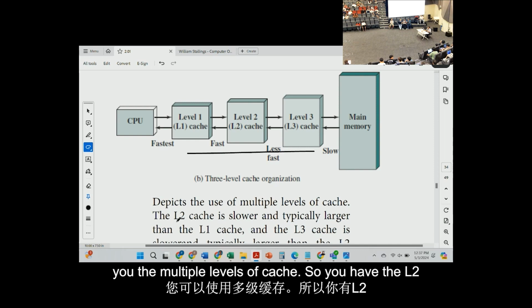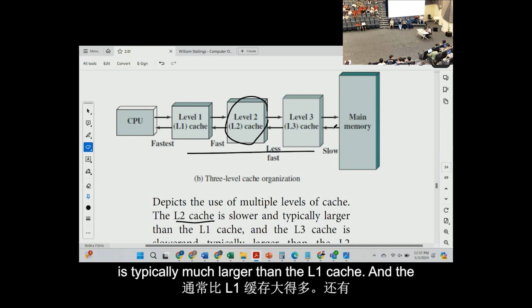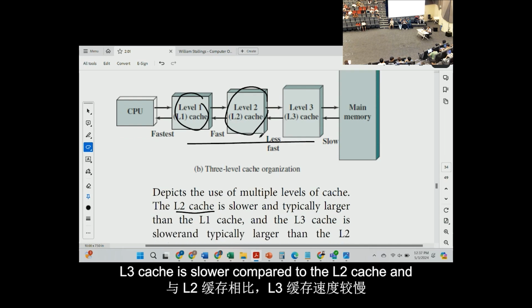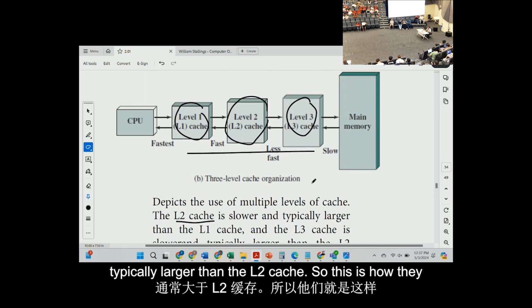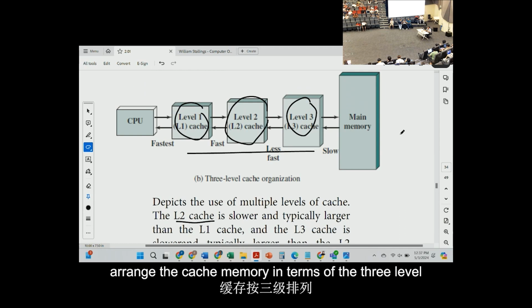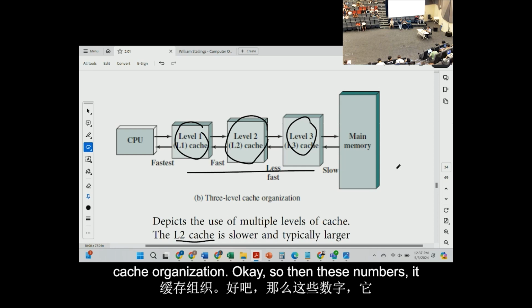So you have the L2 cache, which is much slower and typically much larger than the L1 cache. And the L3 cache is slower compared to the L2 cache and typically larger than the L2 cache. So this is how they arrange the cache memory in terms of the 3-level cache organization.